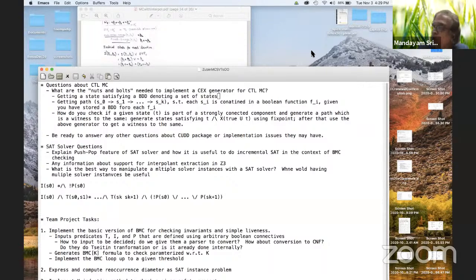So if tau 2 happens to intersect with I, then you know that you have a counterexample path of length 2. There, what you have to do is take something at the intersection of I and tau 2.